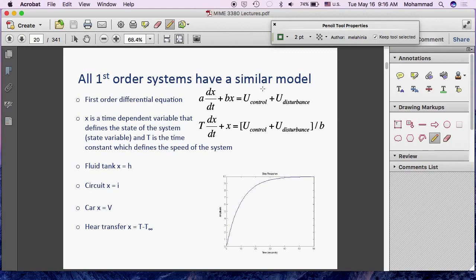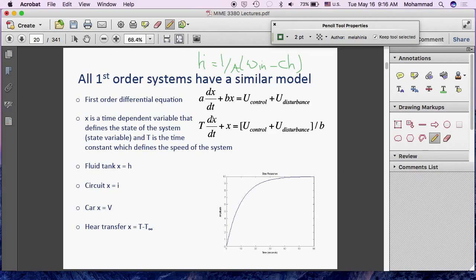Do you see that? Let's just look at one of the very recent examples. It was h dot is equal to 1 over a Wn minus c times h. If you want to bring this differential equation to this form, can you do that?